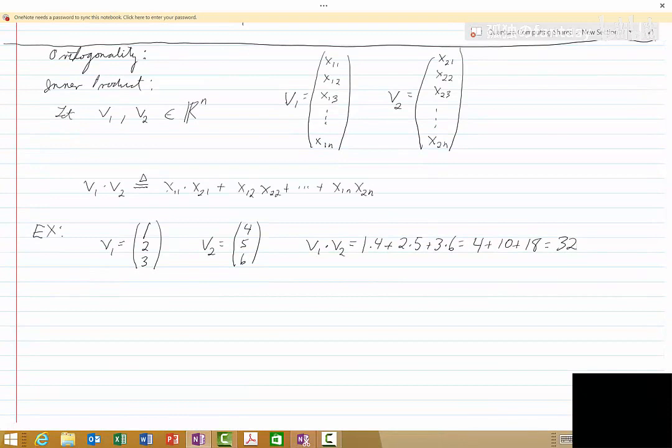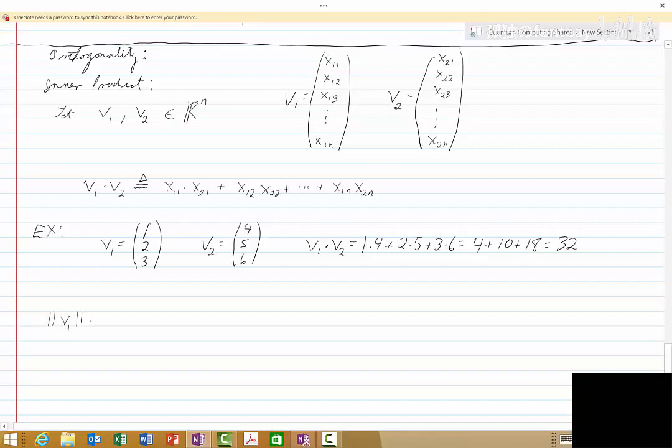Now, the reason that we have a dot product is it has some interesting properties. One is that the dot product allows us to calculate the length of a vector. Let's look at the example that we just had.